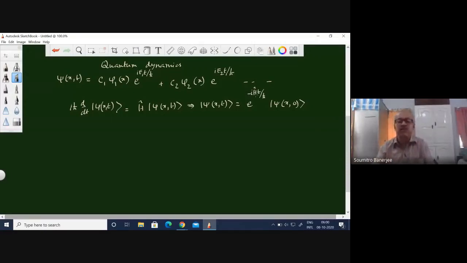This is another way of solving the problem that I gave in this assignment. All you need to do is write down the Hamiltonian operator as a matrix and obtain this exponential of the matrix. This term is another operator. It operating on the initial condition gives the final condition. This is called the time evolution operator.